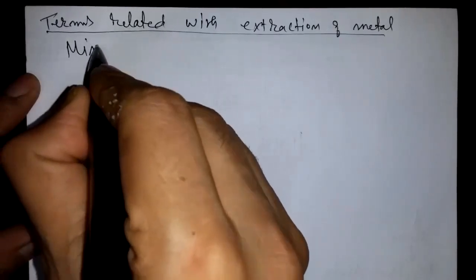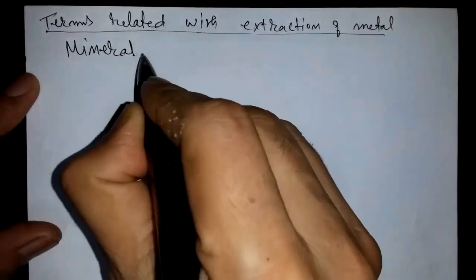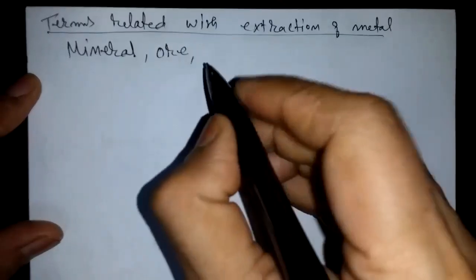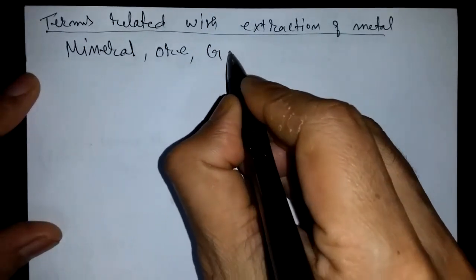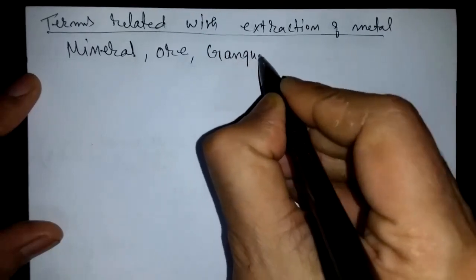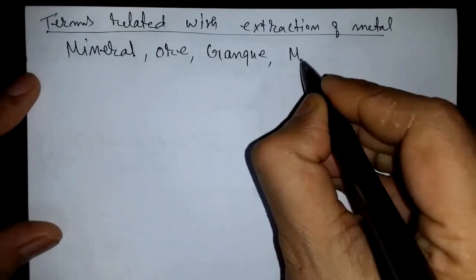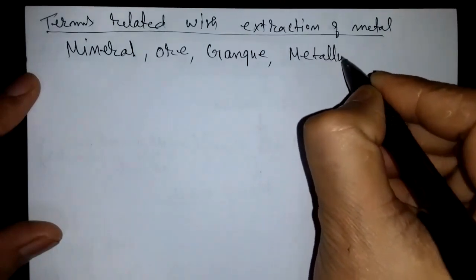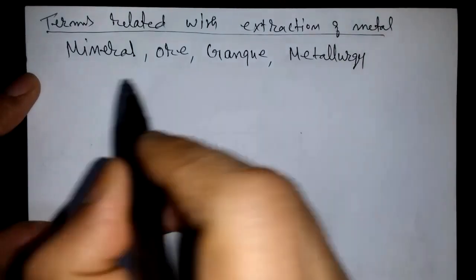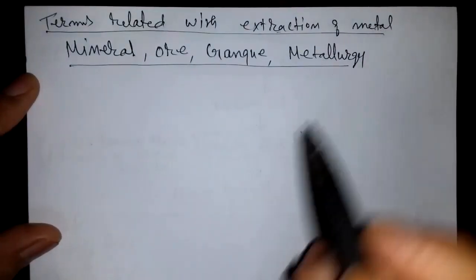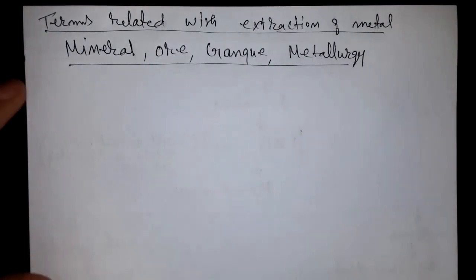We'll see the meaning of mineral, then we'll see the meaning of ore, then we'll see the meaning of gangue, then we'll see the meaning of metallurgy. All these four terms are related with extraction of metal. So we'll see one by one.